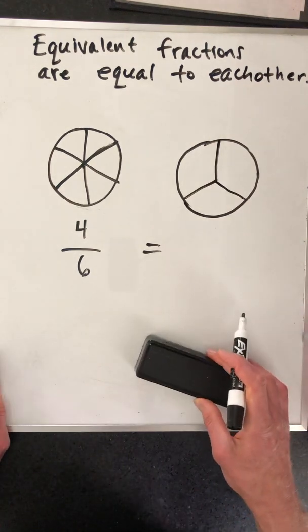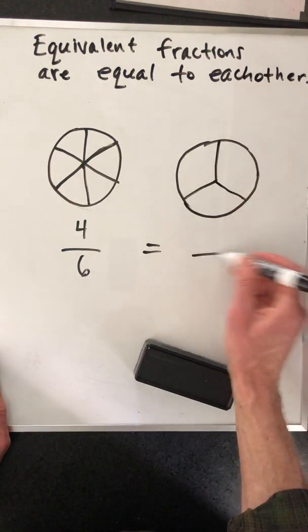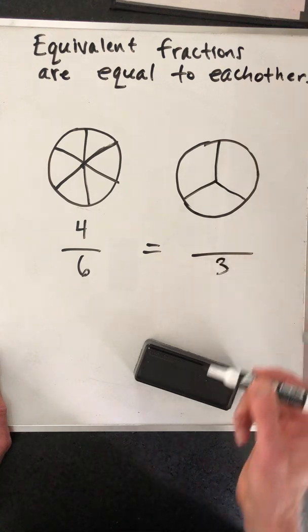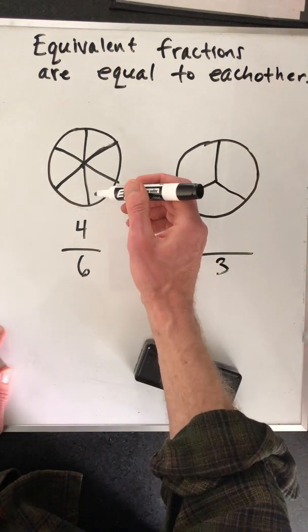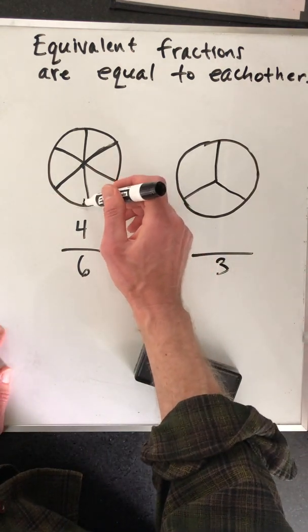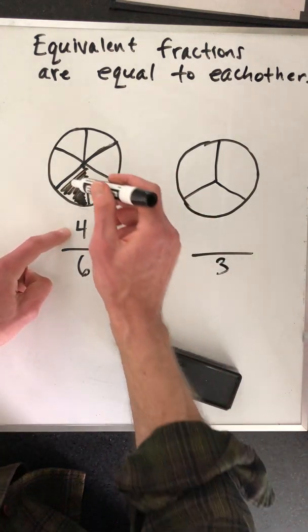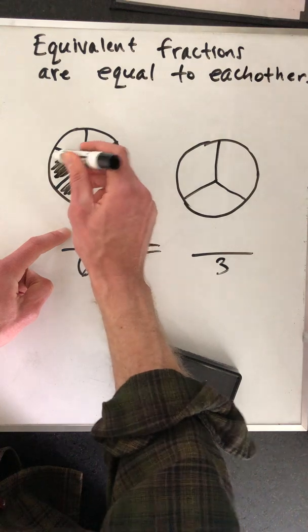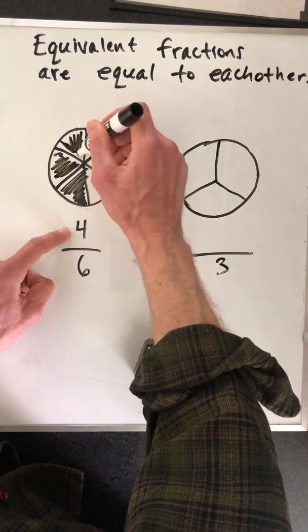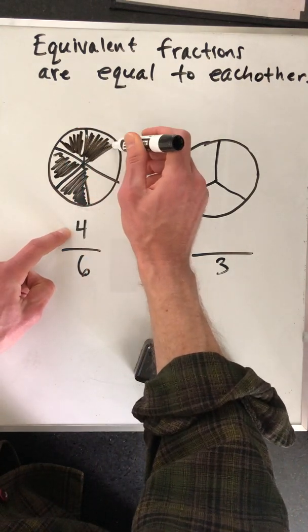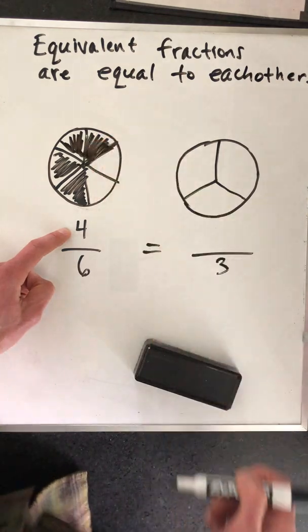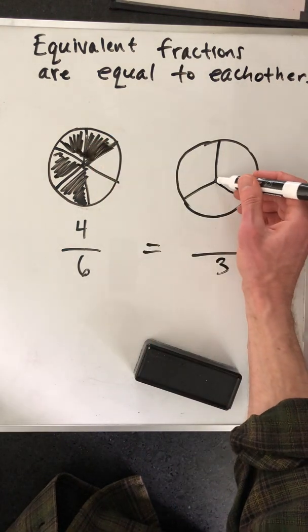So the first thing I do, well, I know that's going to be in thirds because it's in 3 pieces, right? So I color this one in. 4/6. Okay, there's 1. How many sixths do I have? Oh, I got 4. 1, 2, 3, 4. 4/6.